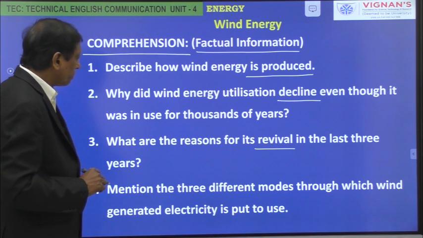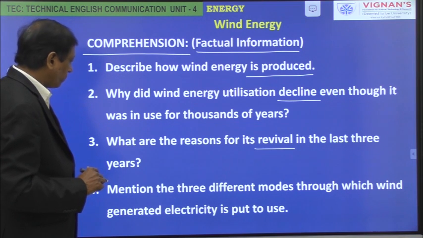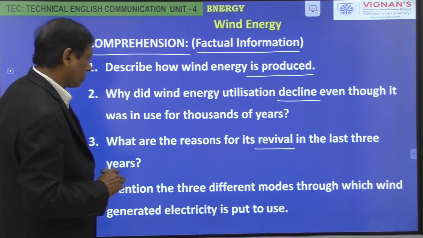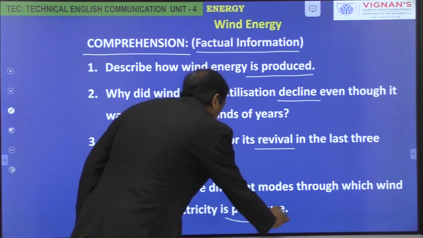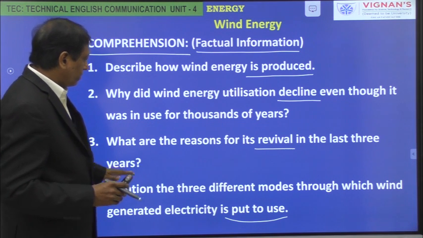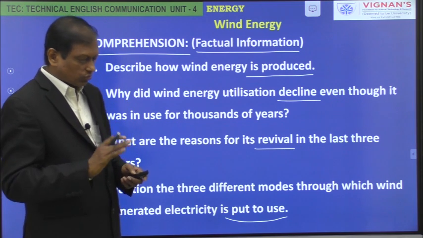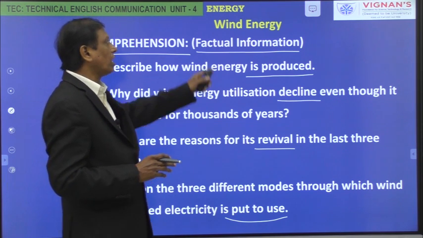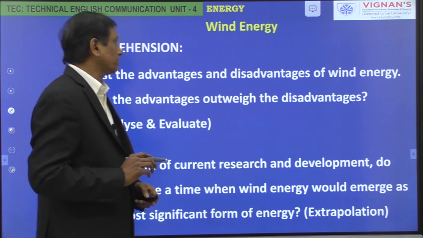Next, mention the 3 different modes through which wind generated electricity is put to use. In which way we use this wind generated electricity is explained in the passage. That's why I mentioned that these questions are focusing on finding the factual information from the text.